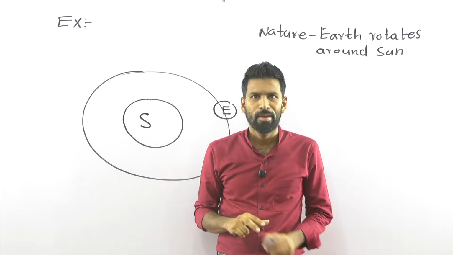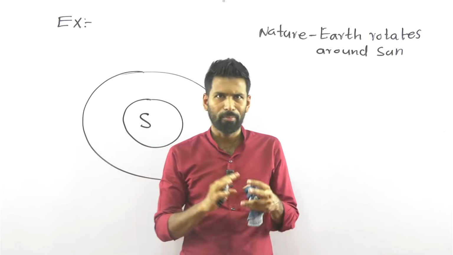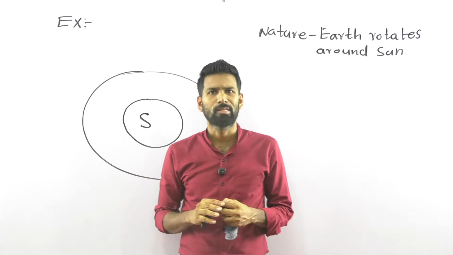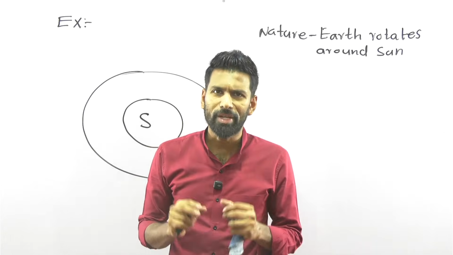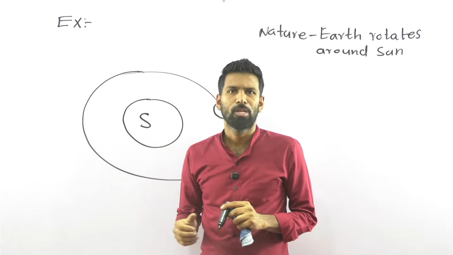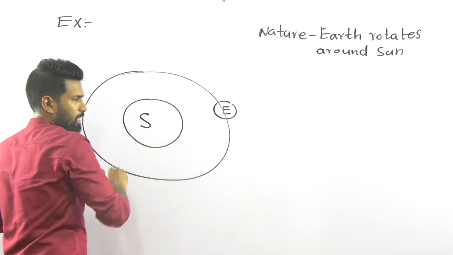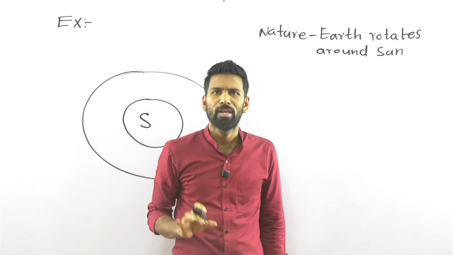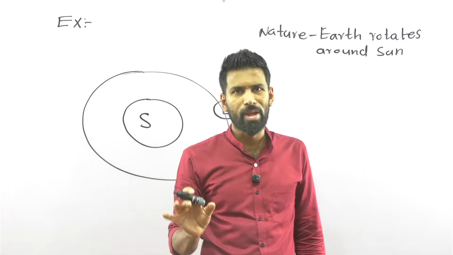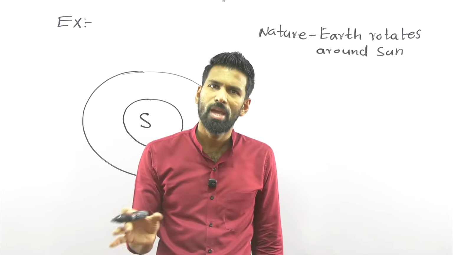He said, all these Earth, Sun, and all these other planets and suns, they are governed by these gravitational theorems. To explain how the Earth rotates around the Sun, Newton made the theory of gravitation. We can use Newton's theory of gravitation to explain this.